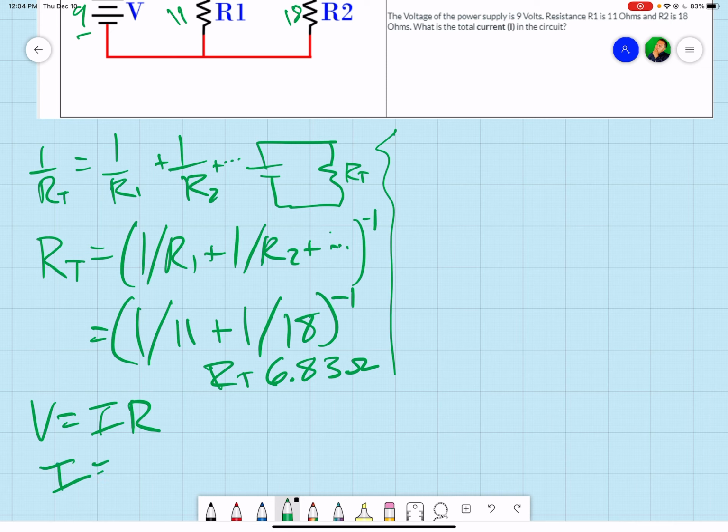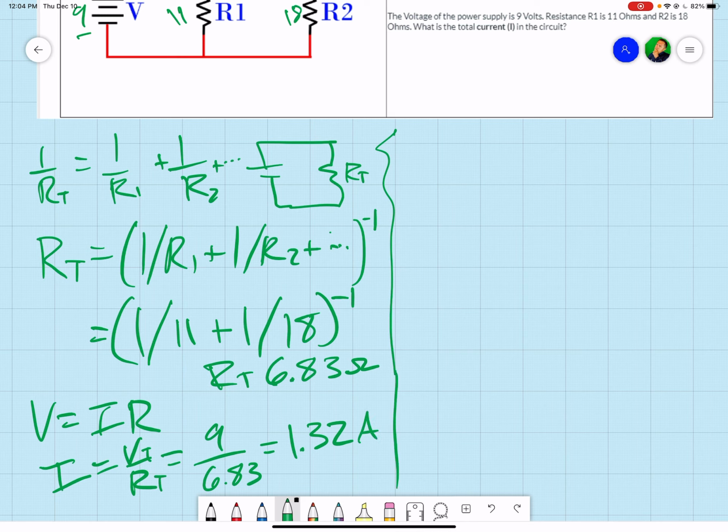So I is equal to V divided by R. So my total voltage over my total resistance was 9 divided by 6.83. And I get 1.32 amps. Okay, so that means I've got 1.32 amps going through the whole thing.